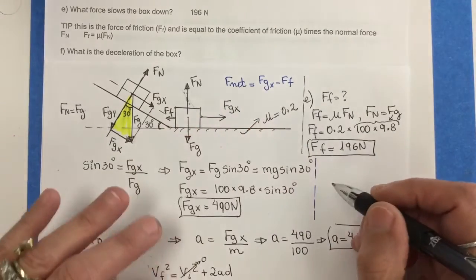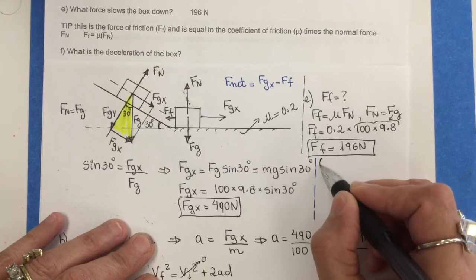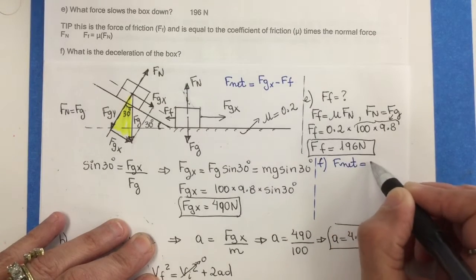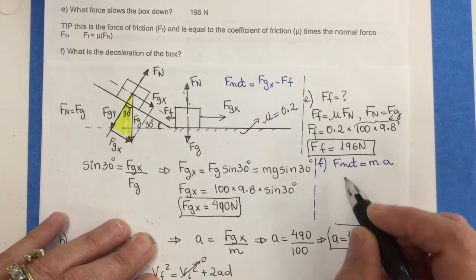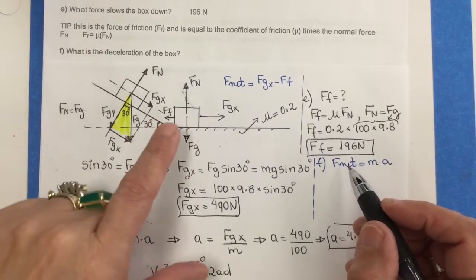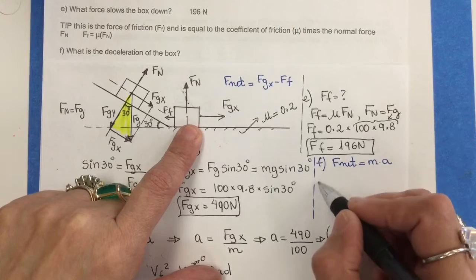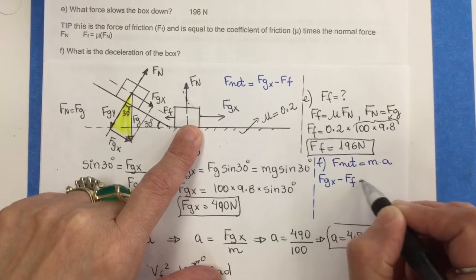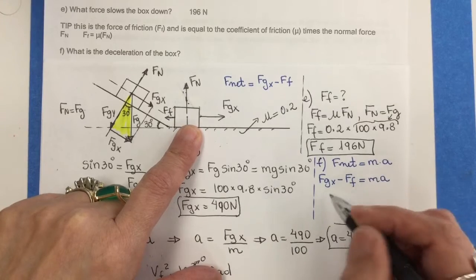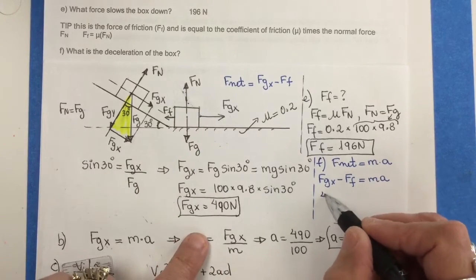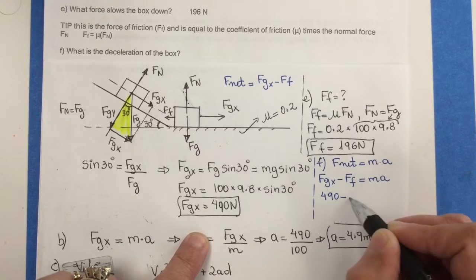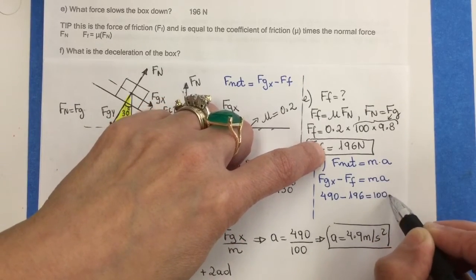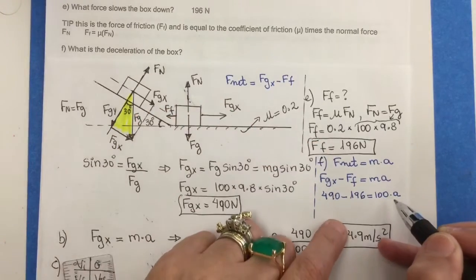Now remember that F net, let me continue here a little bit to answer question F. Our F net is equal to ma. There are two forces acting on this box, so Fgx minus Ff is equal to ma. Our Fgx is 490, our Ff is 196, m is 100, and this is our acceleration.